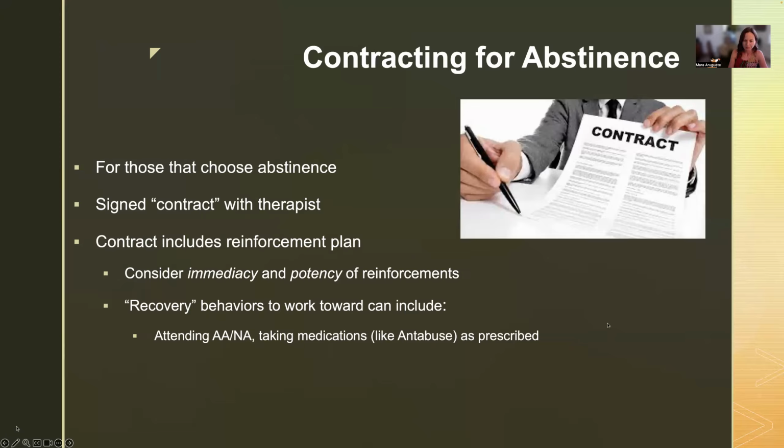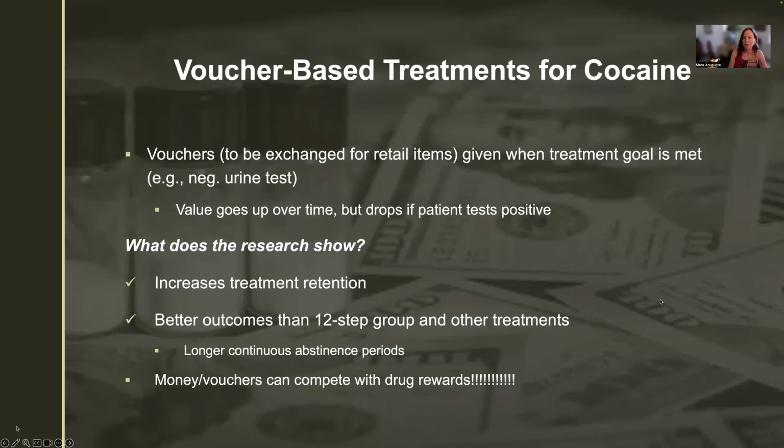Okay. Next treatment, voucher-based treatments for cocaine. This is the idea that a person comes in regularly, maybe 3 times a week, gets a cocaine test, or a test more likely for all of the stimulants.